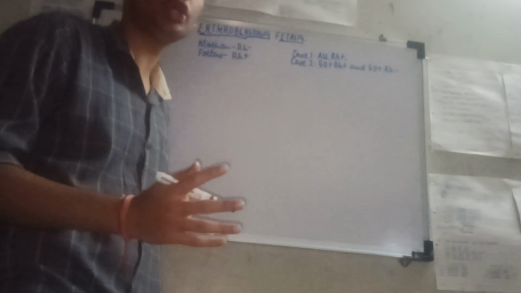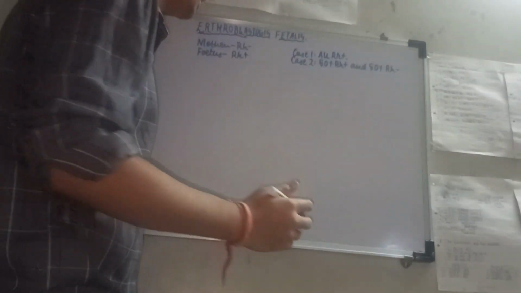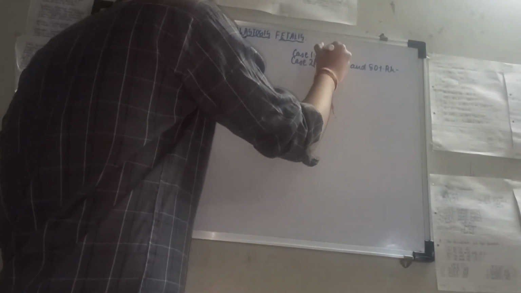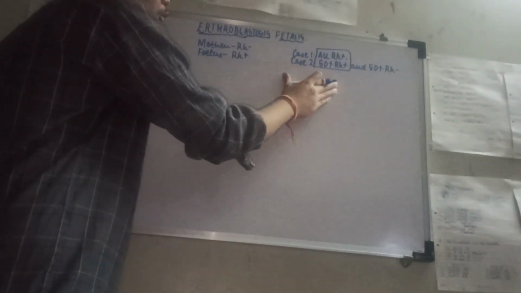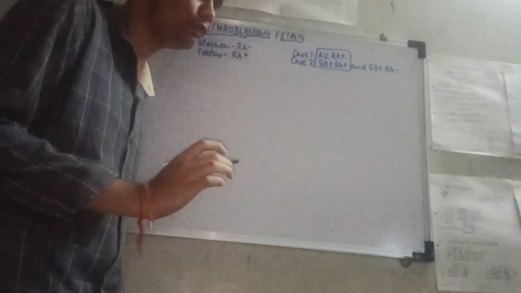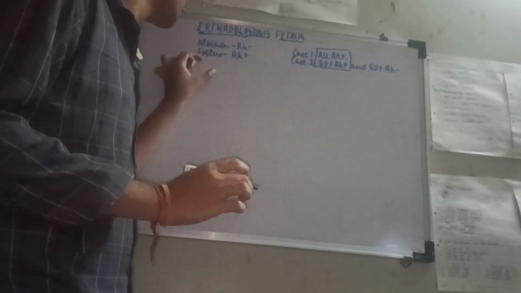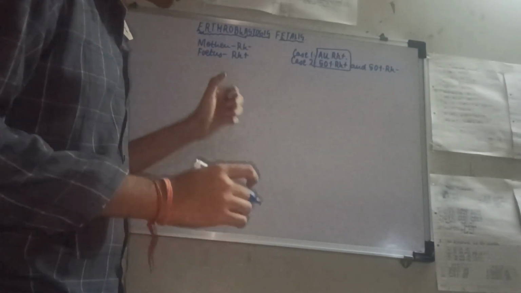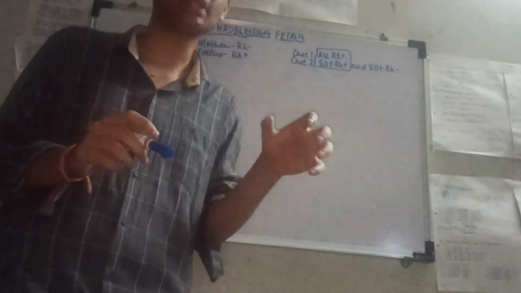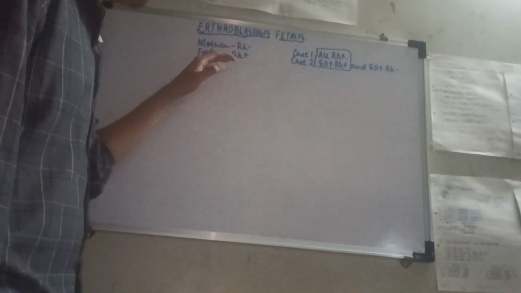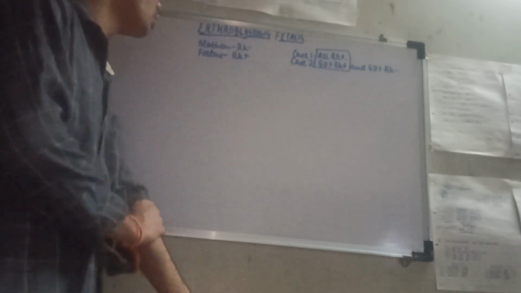If the fetus is RH negative, there is no issue, but here we are dealing only with all RH positive or 50% RH positive, because this condition occurs only when the fetus is RH positive, and if the fetus is RH negative, this condition will not happen.